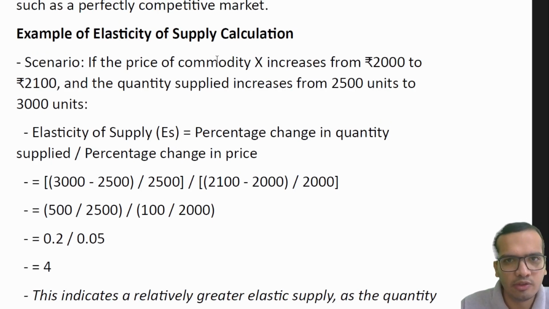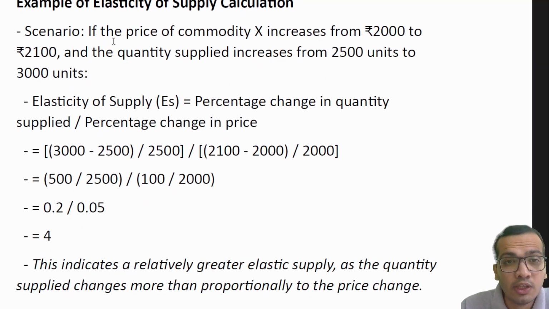Example for elasticity of supply. Scenario: if the price of commodity X increases from rupees 2000 to rupees 2100 and the quantity supplied increases from 2500 units to 3000 units, then we calculate elasticity of supply as follows: percentage change in quantity divided by percentage change in price.